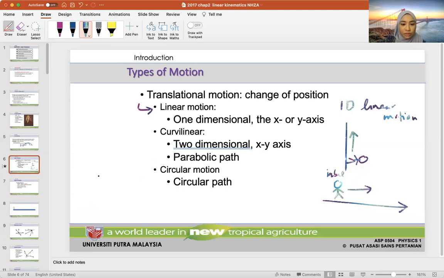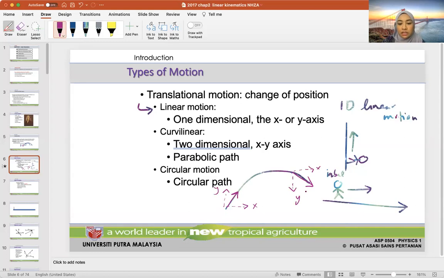And then we have the projectile that we saw Ikri flying tadi kan. This is two dimensional. Why is it two dimensional? Because when we dissect this, it has an X and Y component. Okay, if I dissect over here, ada X and Y component.